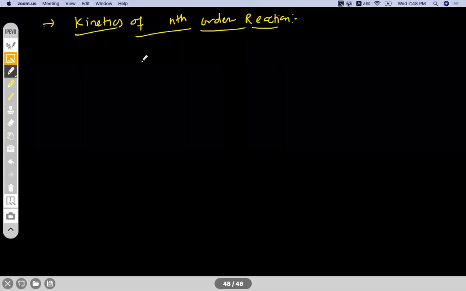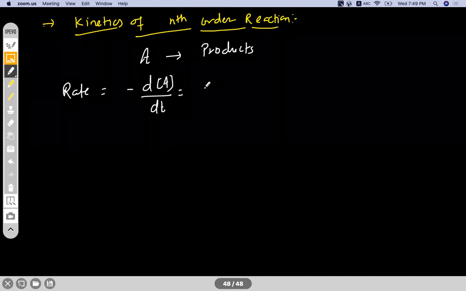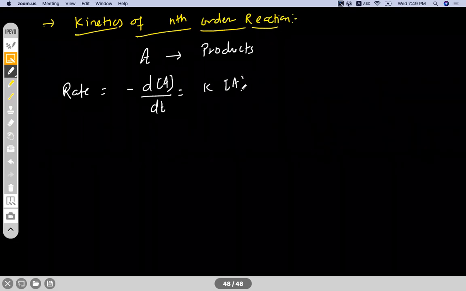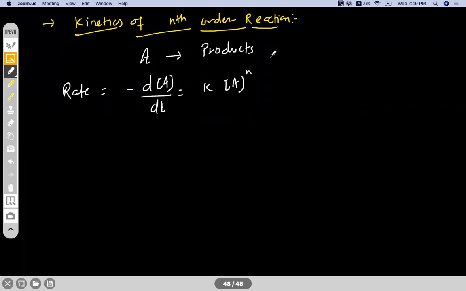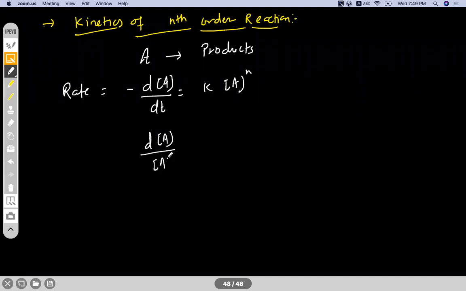So same thing, if A gives product, for an nth order reaction we can write rate is equal to minus d concentration of A by dt is equal to K times concentration of A to the power n. Then we'll have d concentration of A by A to the power n integration equals minus K dt. Integration is 0 to t, A naught to At.